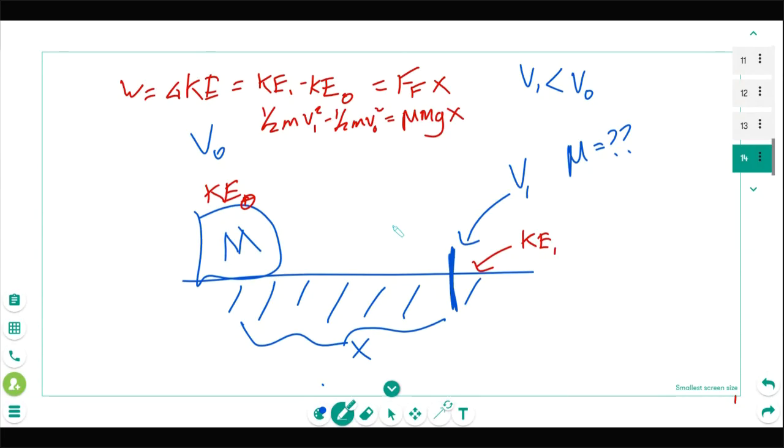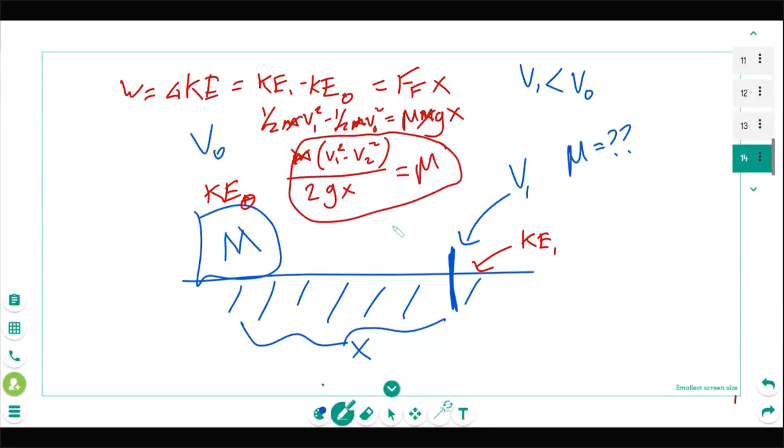And now all we have to do is solve for mu. The m's disappear, so v1 squared minus v0 squared over 2gx will equal mu. And there is my coefficient of friction for that particular rough surface.